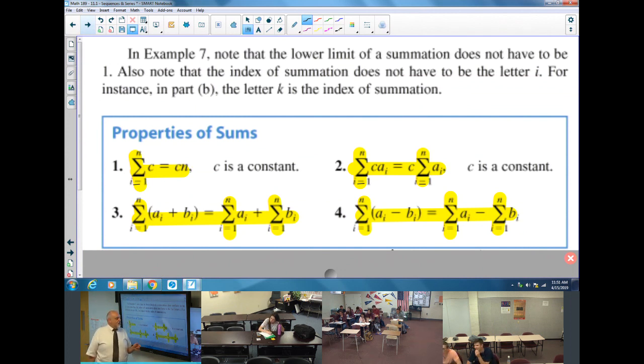All right, number 2, if you have a sum where it's a constant times a formula, you can pull the constant in front, do the summation, and then multiply by the constant at the very end. So you don't have to have it in each term. You can just multiply it through once.